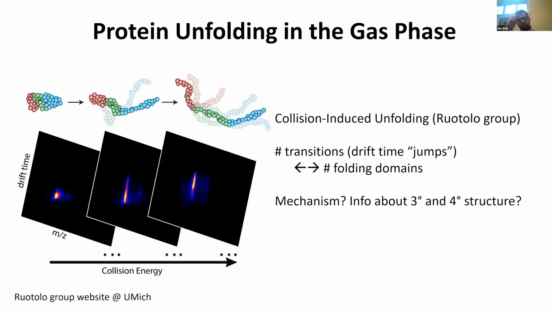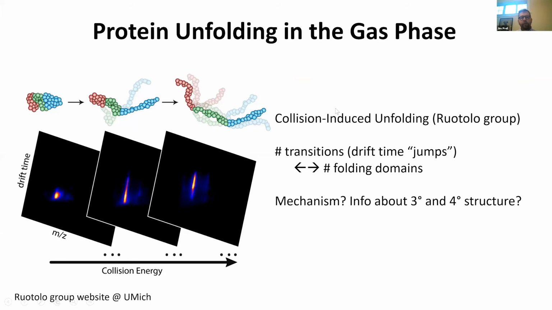So we'd like to be able to do that in the gas phase, especially for proteins and protein complexes where we may not have the luxury of having a crystal structure already, for example. The Ruotolo group has really pioneered this technique of collision-induced unfolding, where you take a native ion in the gas phase, you subject it to collisions with a neutral buffer gas like argon, and you watch it unfold with ion mobility.